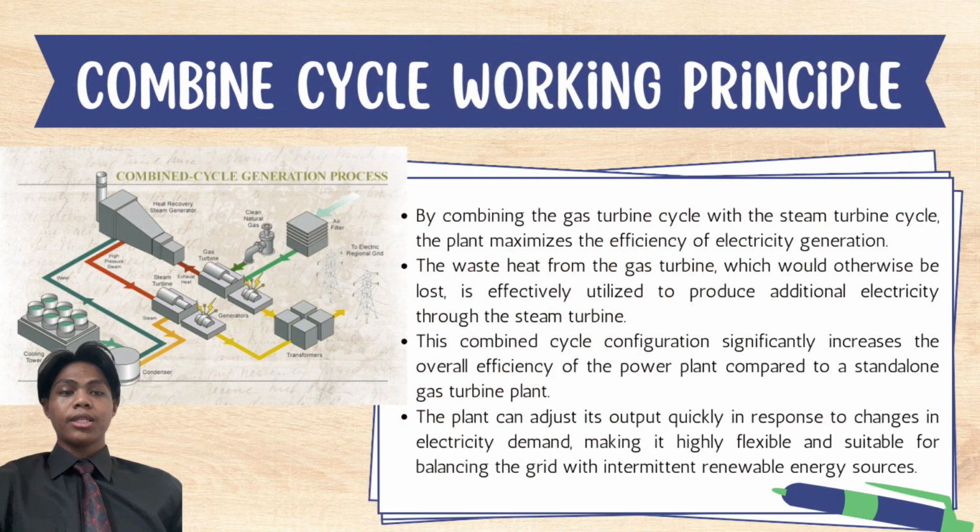By combining the gas turbine cycle with the steam turbine cycle, the plant maximizes the efficiency of electricity generation. The waste heat from the gas turbine, which would otherwise be lost, is effectively utilized to produce additional electricity through the steam turbine.